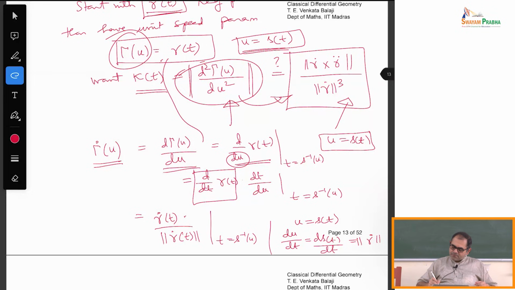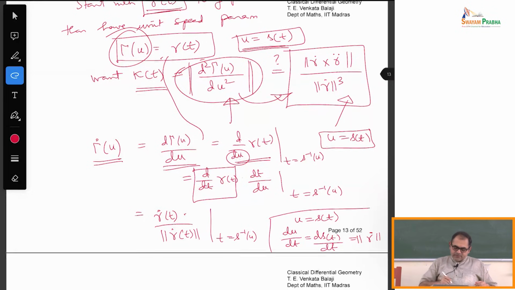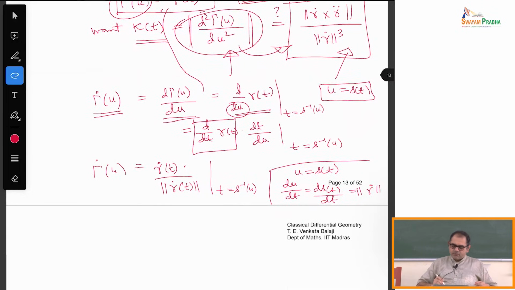That is what it is, and so this is your gamma dot of u. Now is it clear that gamma dot u has norm 1? Look at the norm of this. Norm of gamma dot by norm gamma dot is 1. So it's very clear that this is indeed a unit speed parametrization. Clearly, norm gamma dot of u is equal to 1.